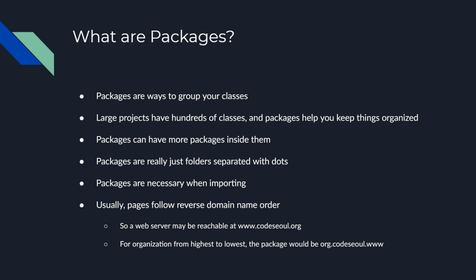So using CodeSeoul as an example, if we were building something for the website of CodeSeoul, and the website was www.codeseoul.org, our package structure would be we'd have a folder named org, and then inside it we'd have a folder named CodeSeoul, and then inside it we'd have a folder named www. Does that make sense to everyone? Cool.